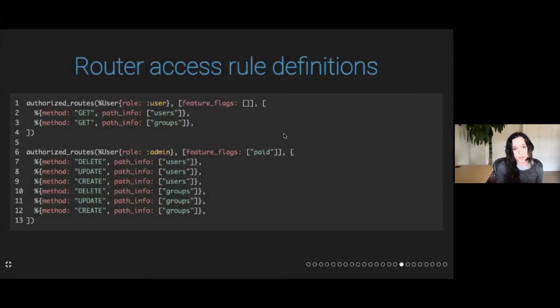Cool. So before we write our macro, I also want to touch on how we can define our rules to make this a little bit easier to understand. So we define a list of route access functions here, and we can utilize another amazing thing of Erlang and Elixir, which is pattern matching.